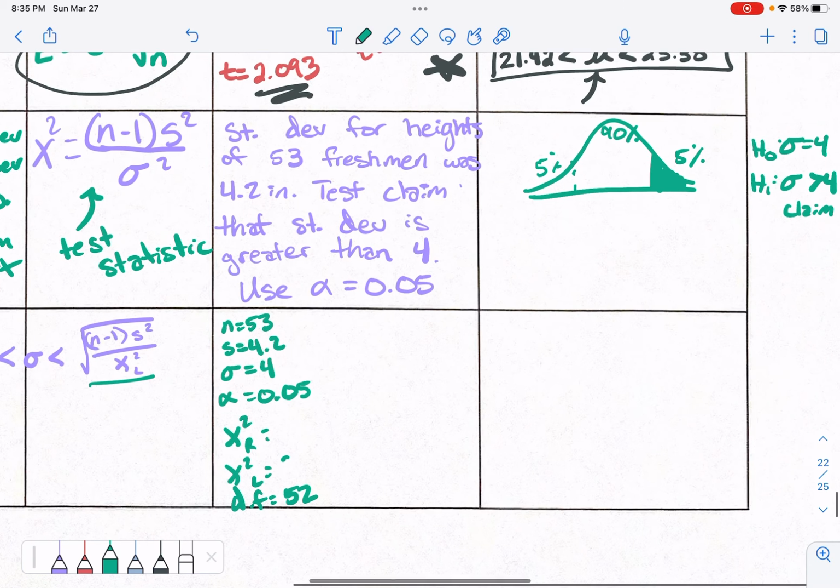That is the left one. And 63.167. There we go. Okay, there's my two numbers.